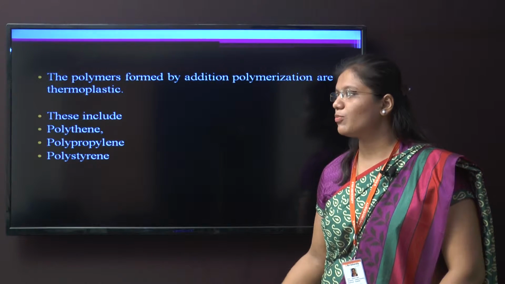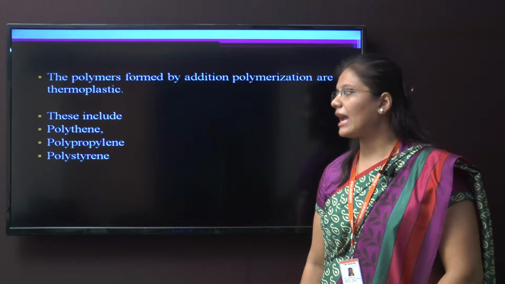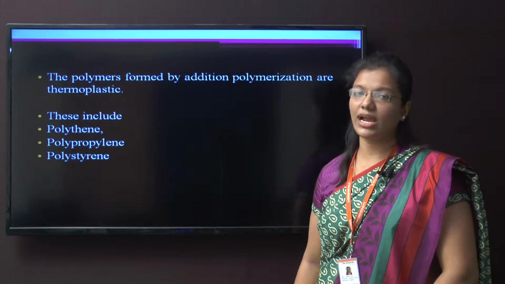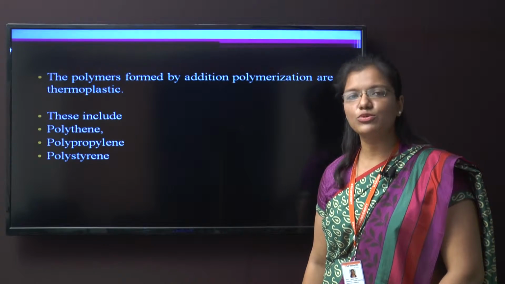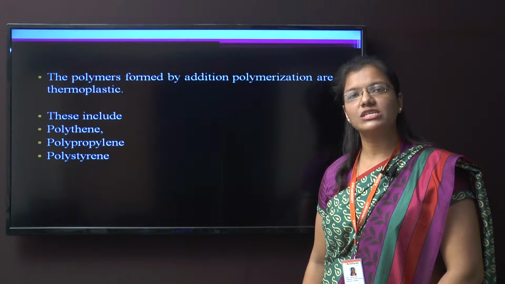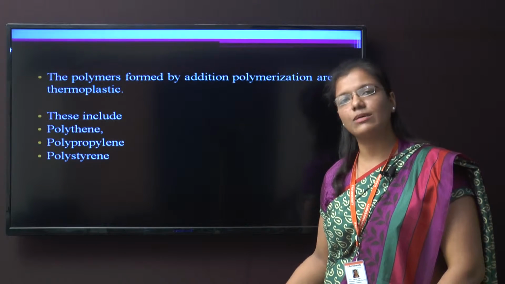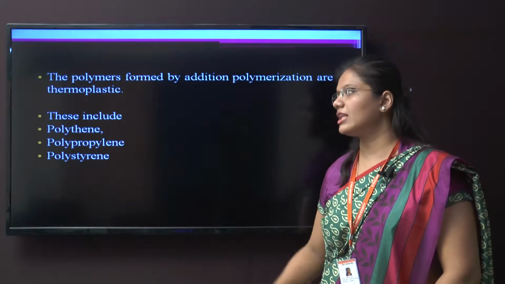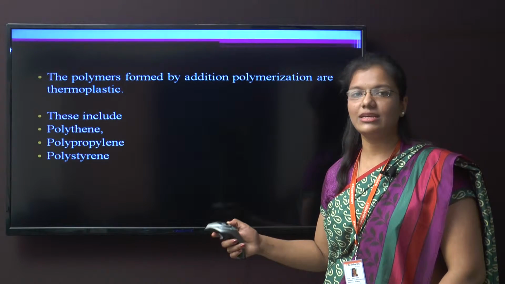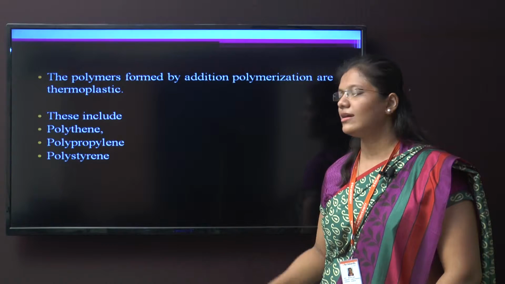Mainly that includes polythene, polypropylene and polystyrene. The word poly is used because the manufacturing process used for their manufacturing is polymerization. Therefore they are known as polythene, polystyrene and polypropylene.